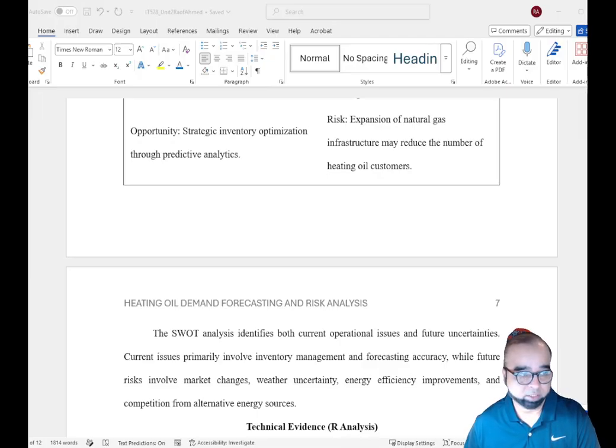By applying statistical modeling to historical customer data, the organization can forecast future demand more accurately, improve operational efficiency, and make evidence-based business decisions. Completing the Unit 2 assignment strengthened my understanding of how quantitative risk analysis and regression modeling can be applied to solve real-world business problems.